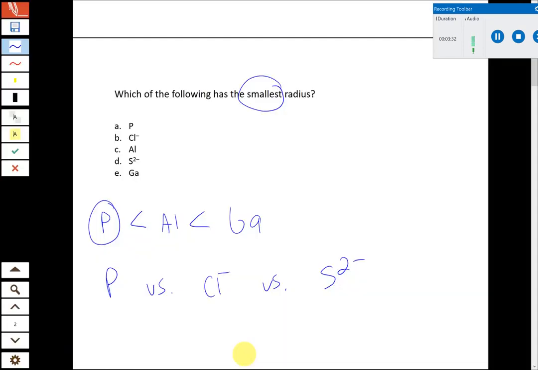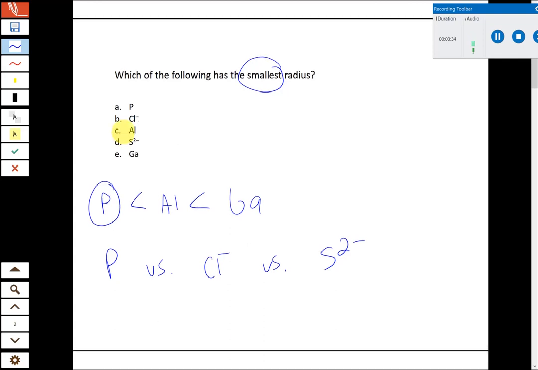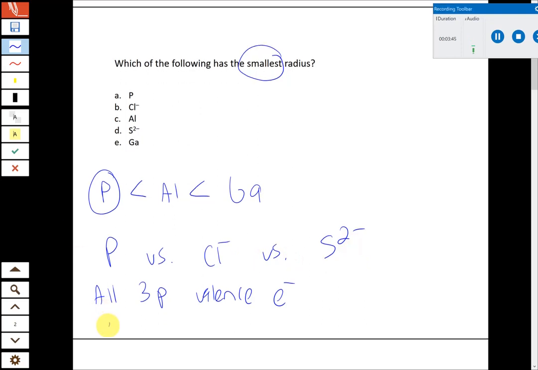Now the key point here is that these are all 3p valence electrons. And when you're comparing neutral atoms versus anions that all have the same valence shells, anions are much larger than the neutral atoms. All right. So there's some effect of moving left to right in the periodic table.